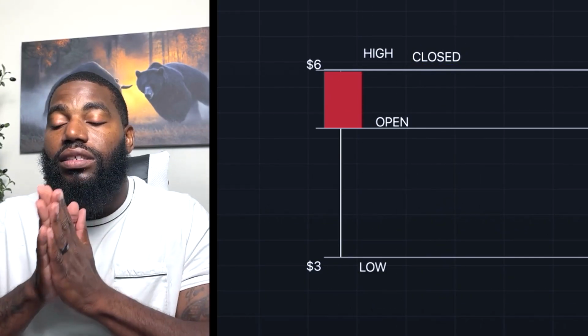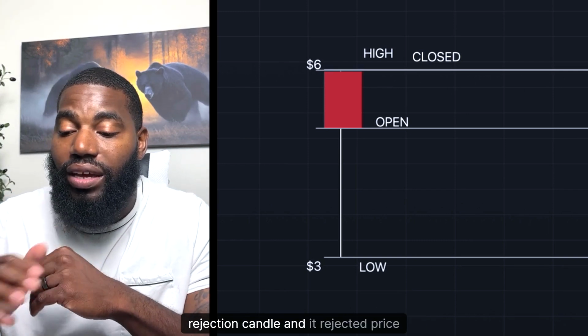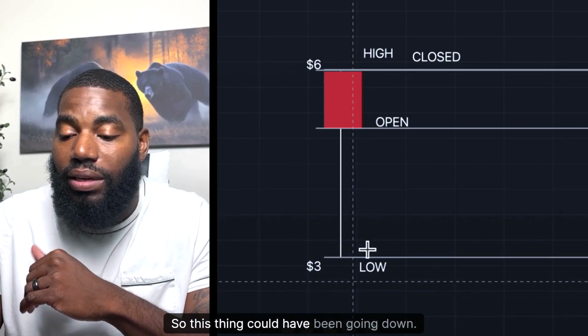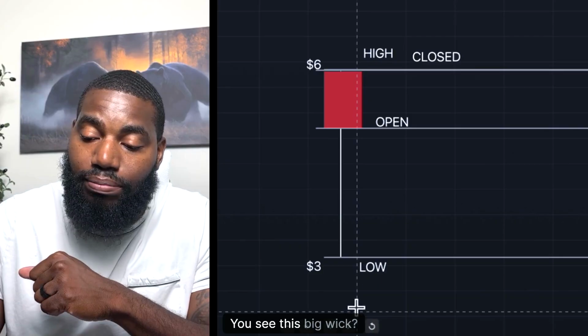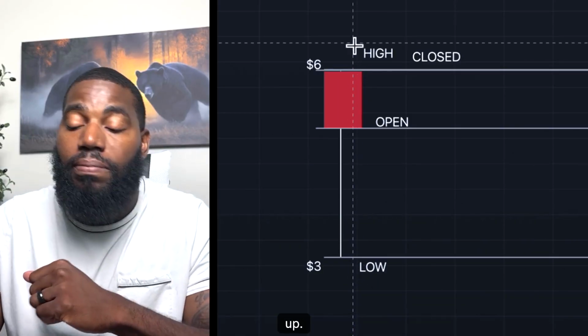All right. So what you see here in front of you is called a rejection candle. It rejected price down here. So this thing could have been going down. You see this big wick? This means buyers stepped in and pushed this price up.